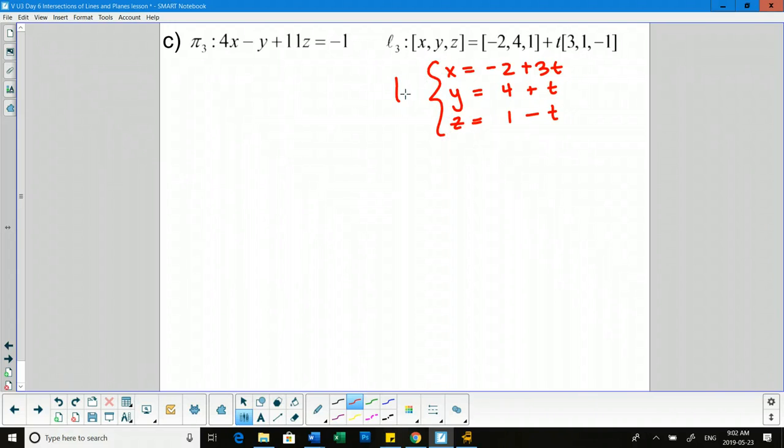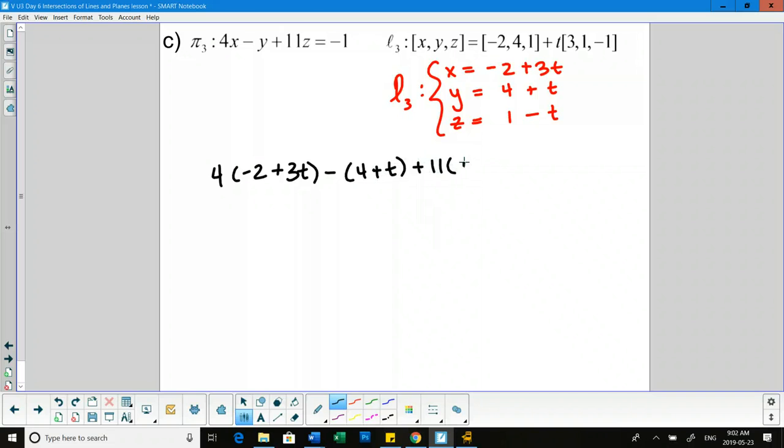Okay, so just separating our line out into its parametric equations. Okay, and then as usual, we're going to plug them into our equation. So same process. So expand, simplify.